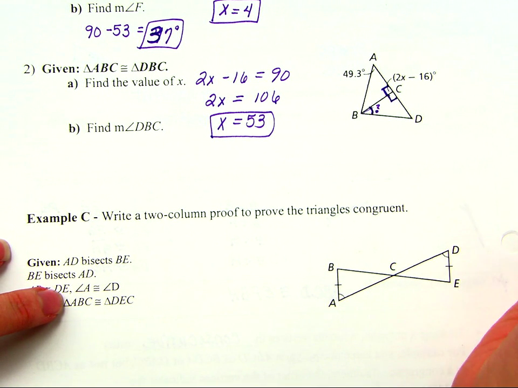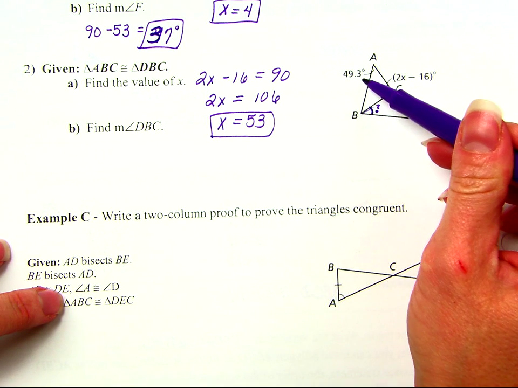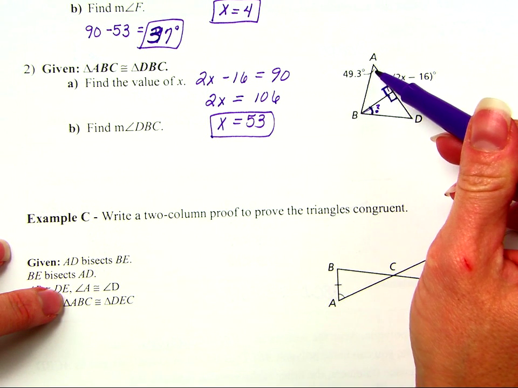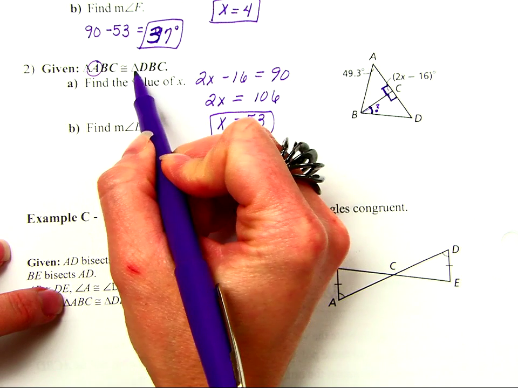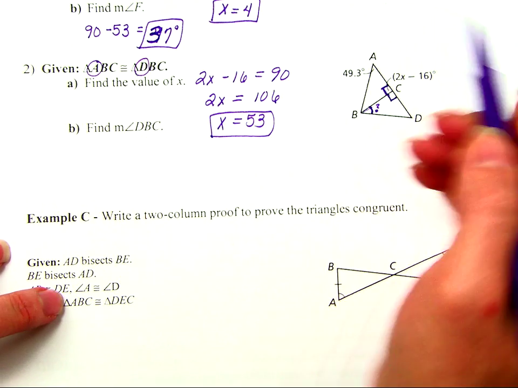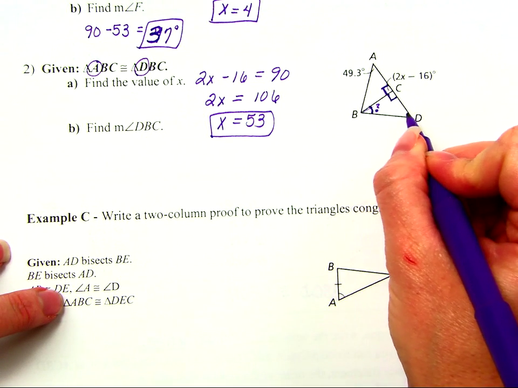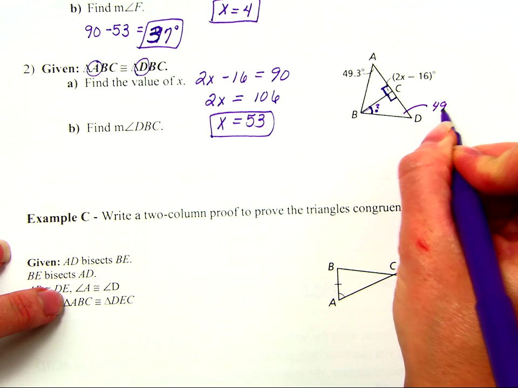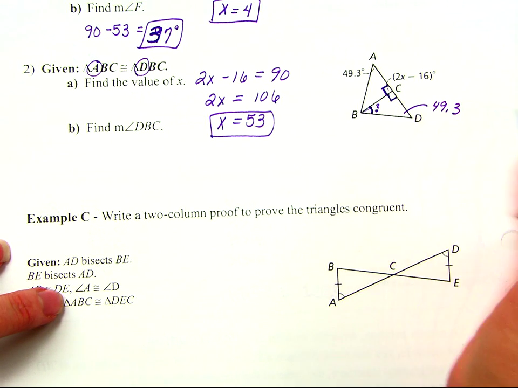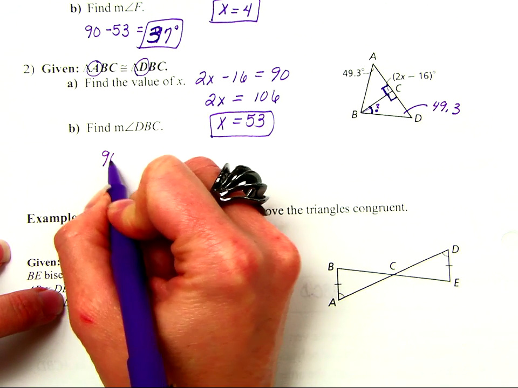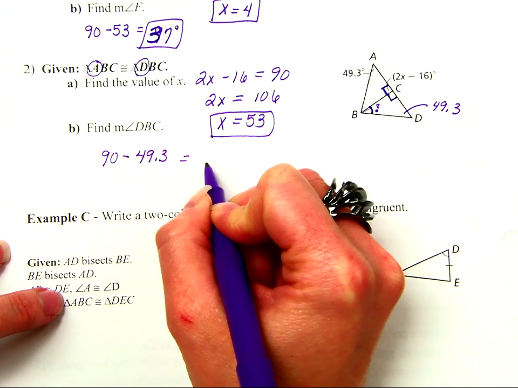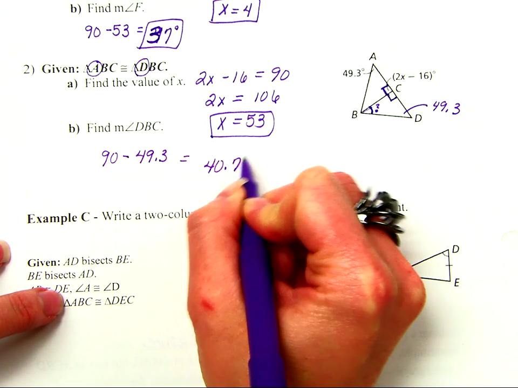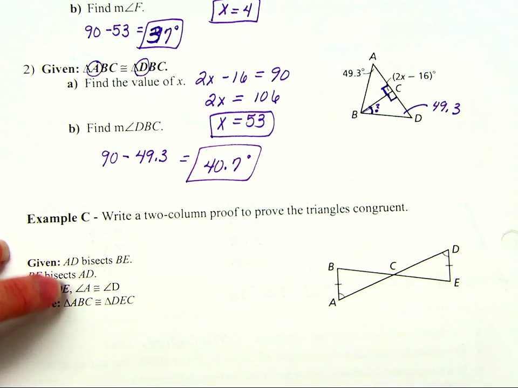I noticed that in my other triangle, I have a measure of 49.3, angle A. Well, when I come over to my congruency statement, I see angle A actually corresponds with angle D. And so if angle A is 49.3, this angle is 49.3. I also have my right angle, and so I know that the other ones are going to be complements of each other. I'm simply going to subtract, and we would find we would have a measure of 40.7 degrees.